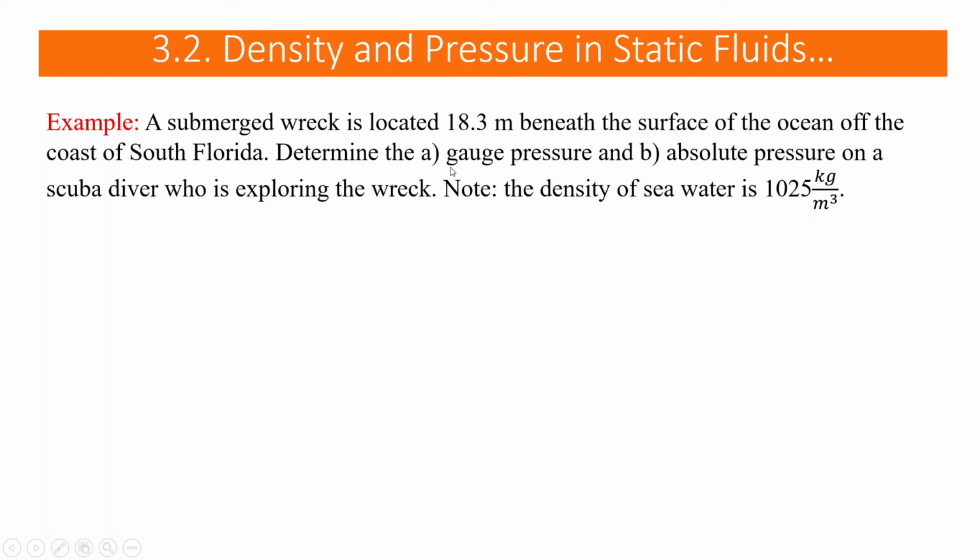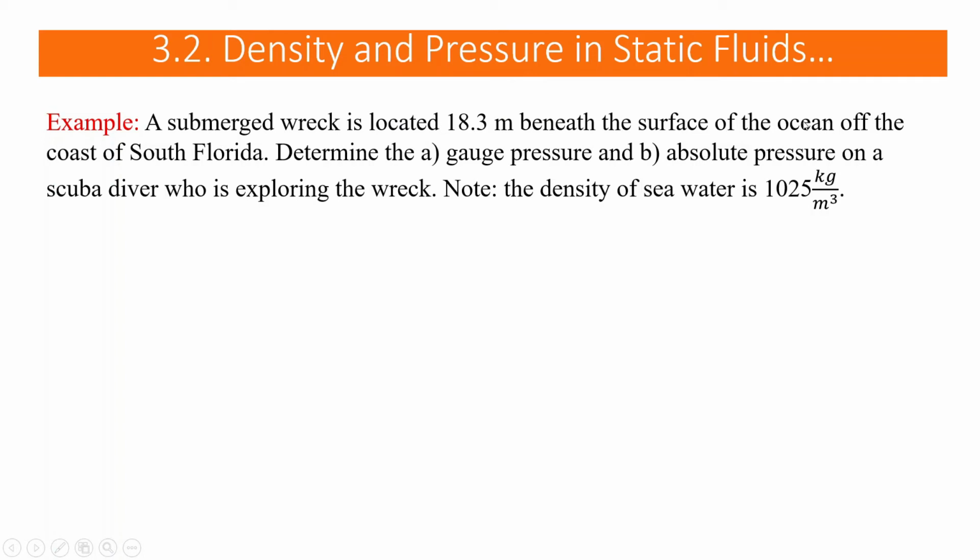So the gauge pressure is simply equal to rho times the acceleration due to gravity multiplied by the height, which is the h value, the height below the surface of this ocean.